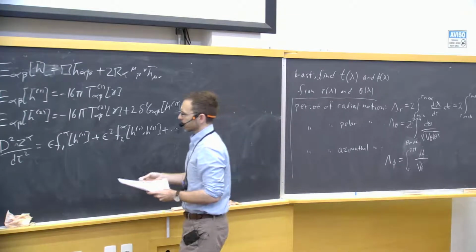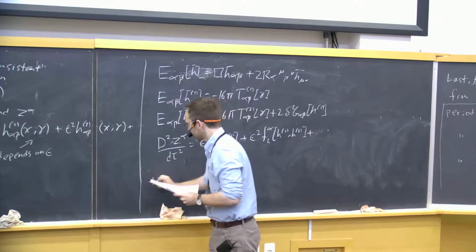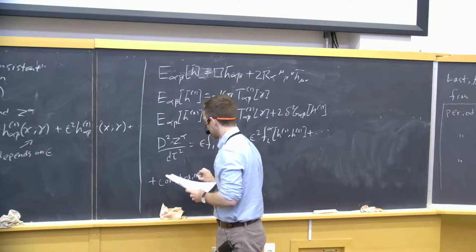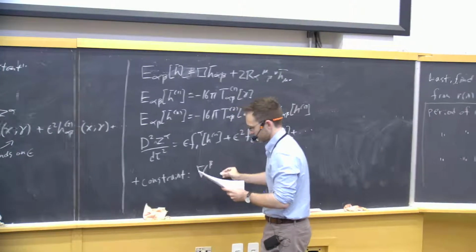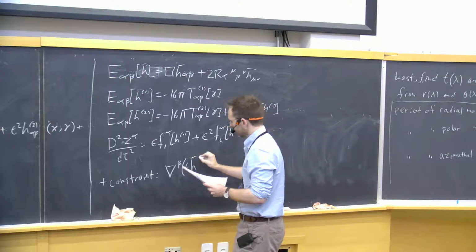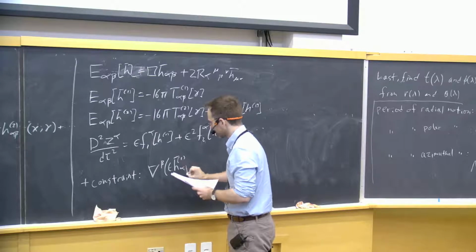And then in addition, there's the Lorentz gauge constraint, which is a kind of complicated nonlinear constraint.